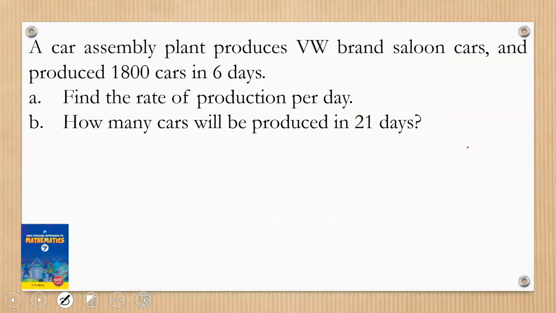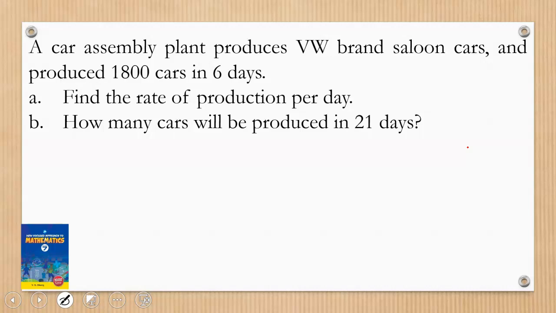Let's take an example. A car assembly plant produces VW brand saloon cars and produces 1,800 cars in 6 days. Find the rate of production per day. So if they are able to assemble 1,800 cars in 6 days, of course they have robots and machines that make it so fast for them to assemble.